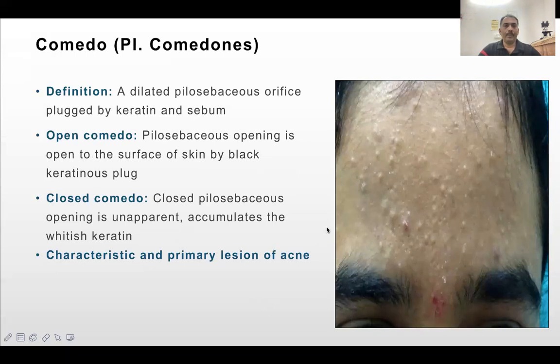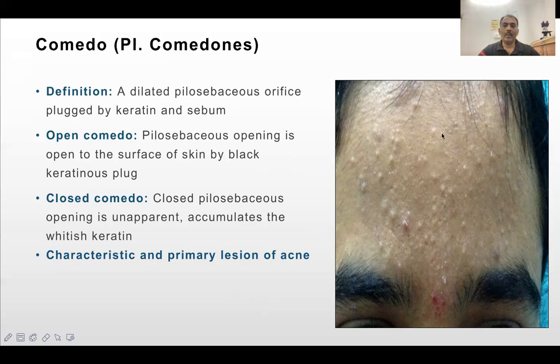A comedone is a dilated pilosebaceous orifice which is plugged by keratin and sebum. An open comedone is the one where the pilosebaceous opening is open to the surface of the skin, and you can mark it very well by a black portion over the comedonal area.